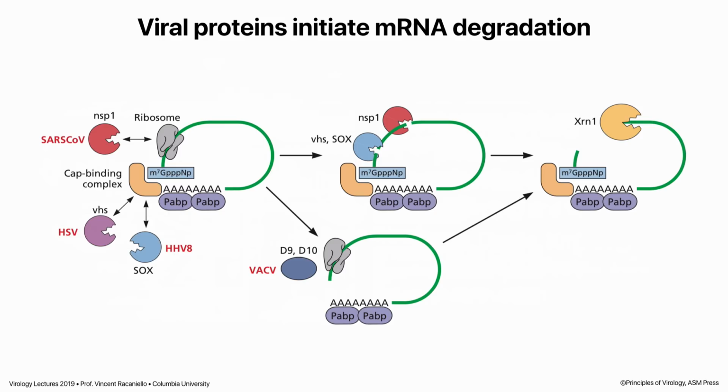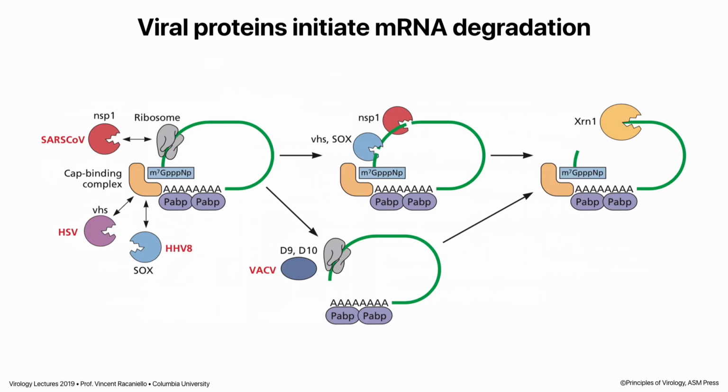Here we have a couple of others, a herpes simplex virus protein and an HHV8 protein, which recognize the cap binding complex, a series of proteins that bind the cap during translation, and they can initiate decapping, and that also leads to XRN1 degradation.